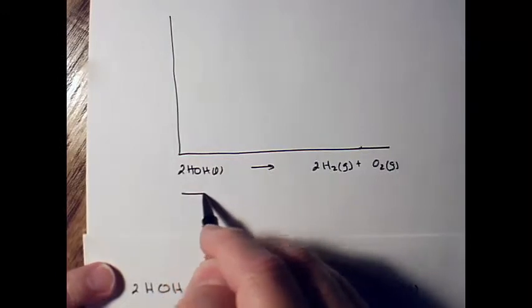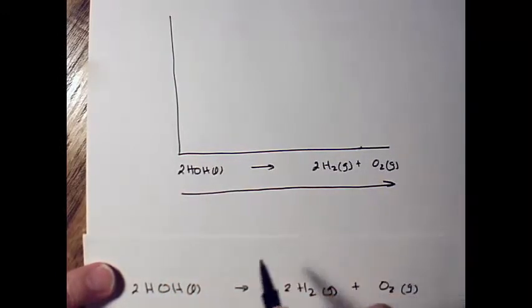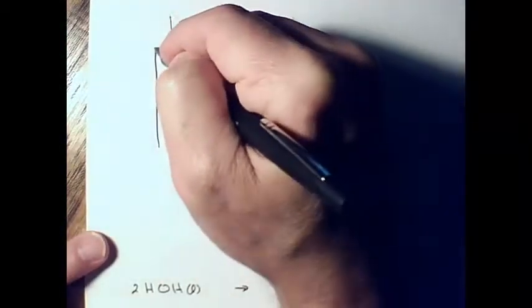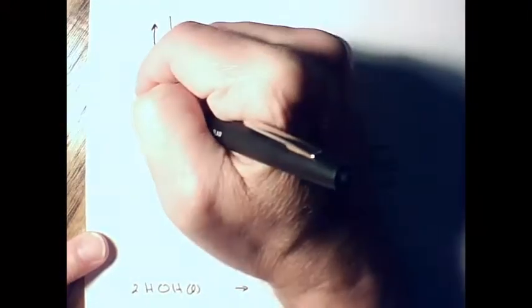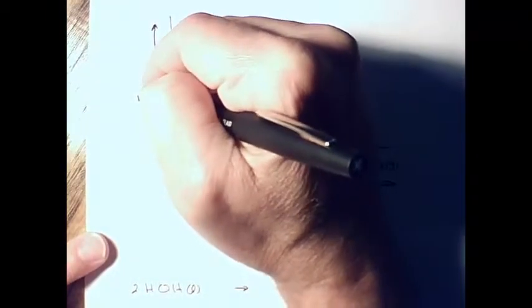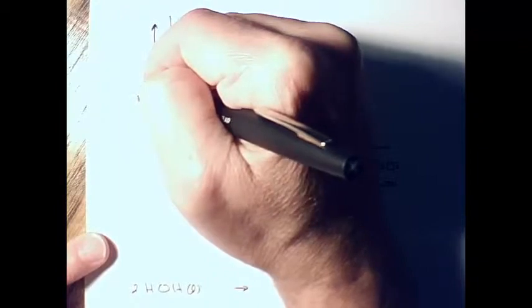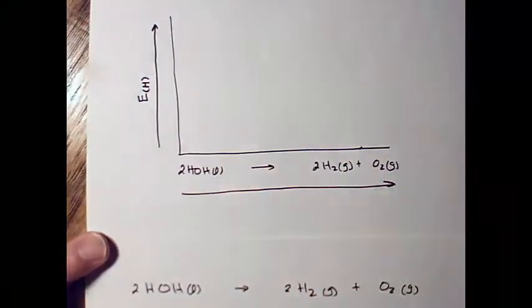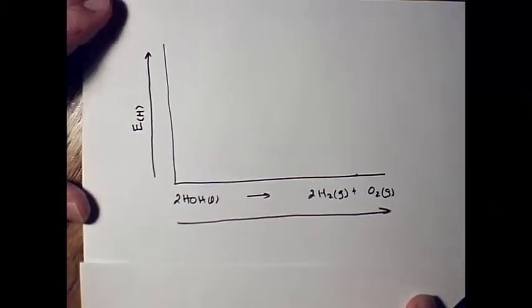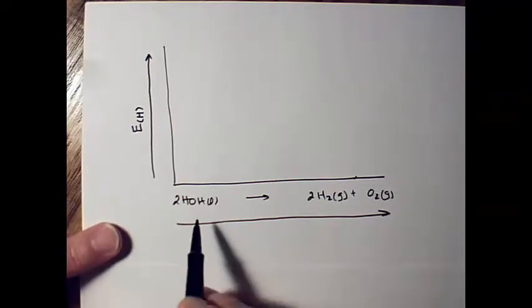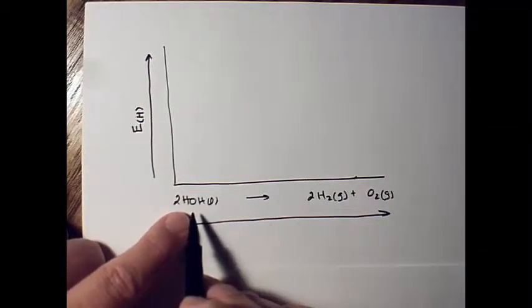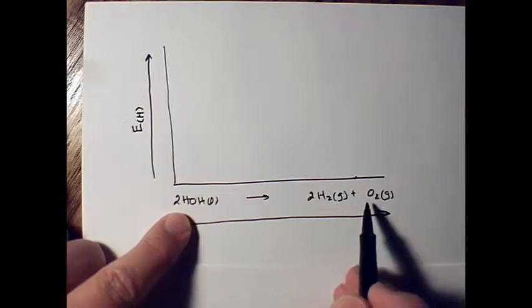We're proceeding to the right with the reaction. We're looking at the amount of energy in the system, and this particular energy is the enthalpy, for the most part. Energy in the system. Water doesn't just naturally split into hydrogen and oxygen. Would you agree with that?